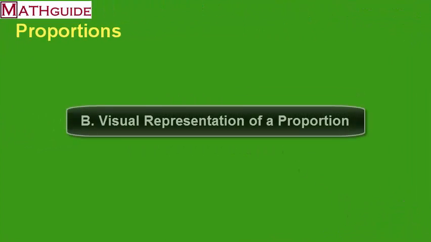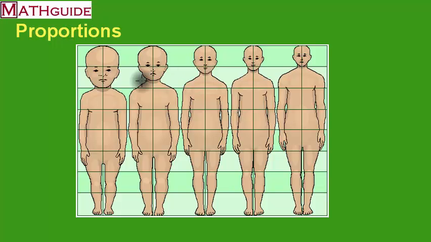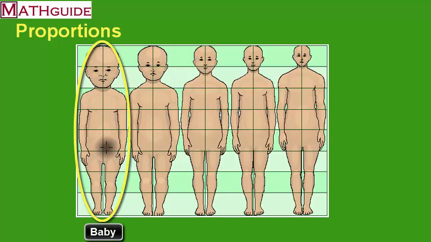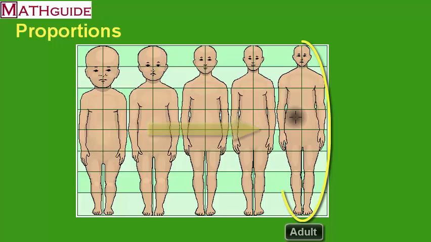In this section, we're going to talk about the visual representation of what a proportion looks like. Alright, let's examine this photo. In this photo, we could see several pictures of a human. And on the left side, you could see a picture of a baby. And you can see as we move to the right, the human is getting older.